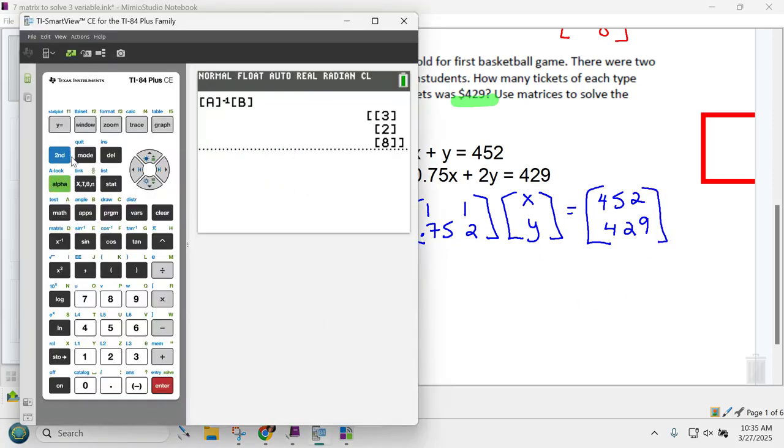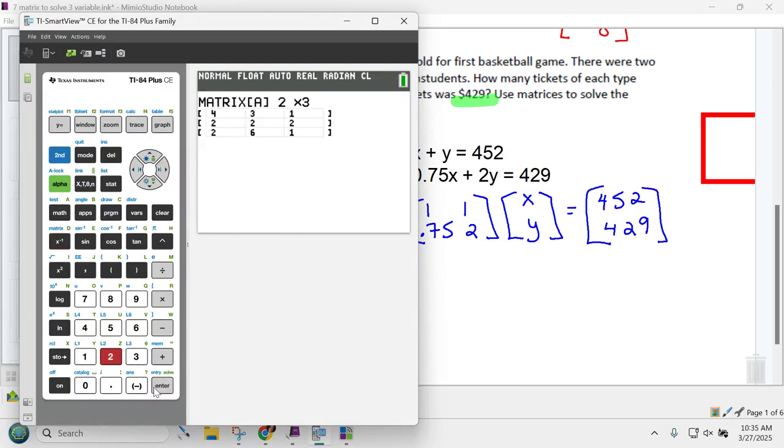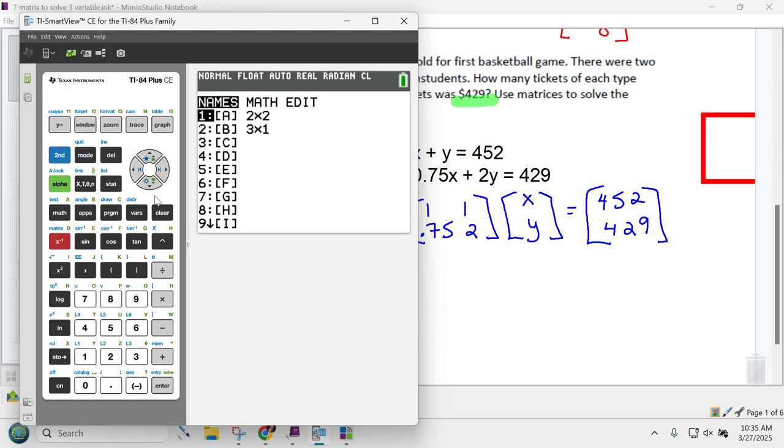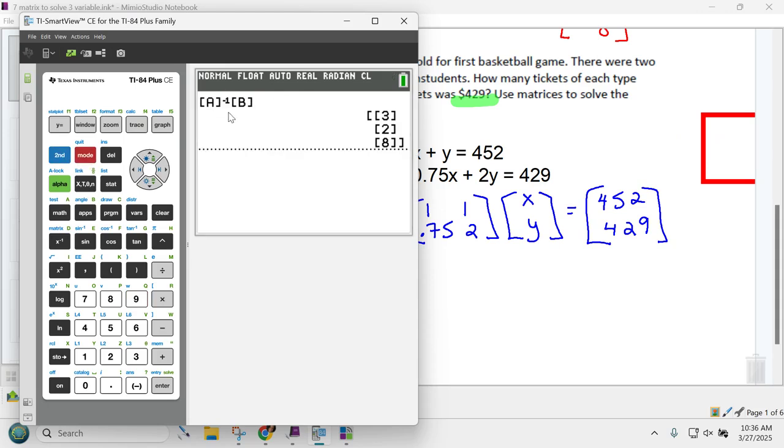Go to our calculator. Okay, so now I've updated both my matrix A and B to match this problem. And as a shortcut, see how I already have this typed?